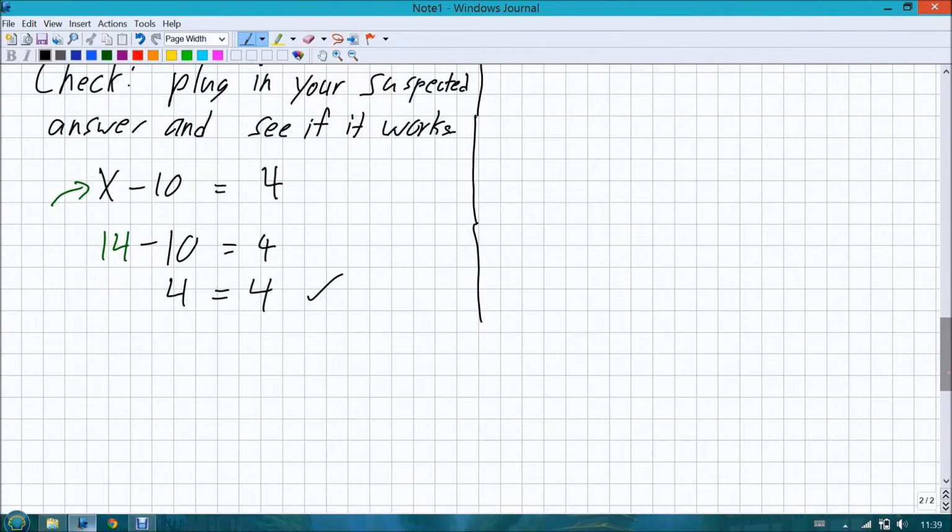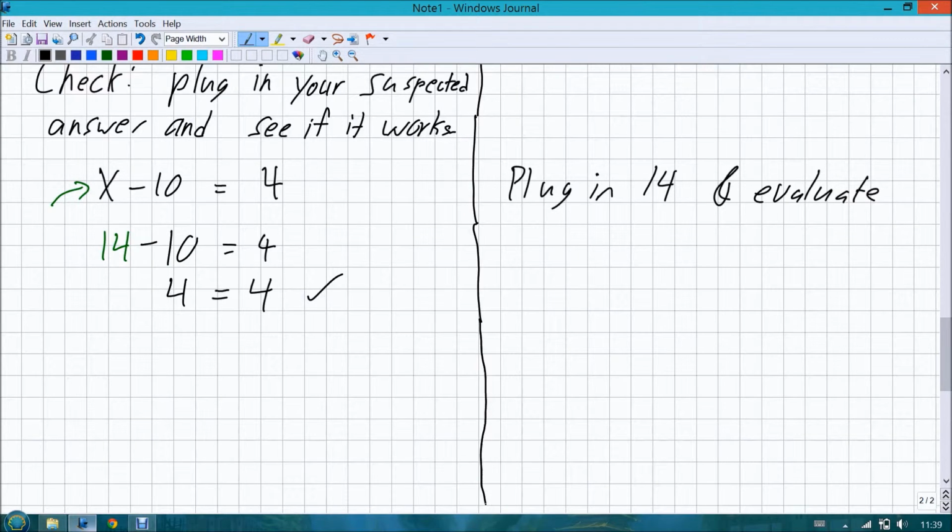And then the next portion, it says check, plug in the suspected answer and see if it works. So we plug in 14 because we think that's a suspected answer, and evaluate. Now, you guys should remember what evaluate means. It means plug and chug. We plugged in 14 and then we evaluated.